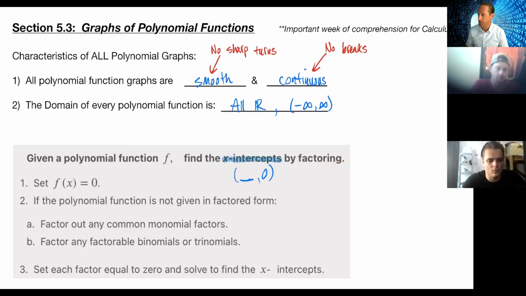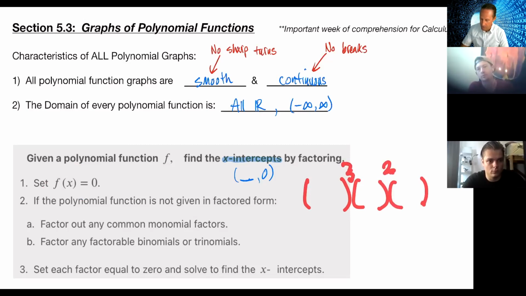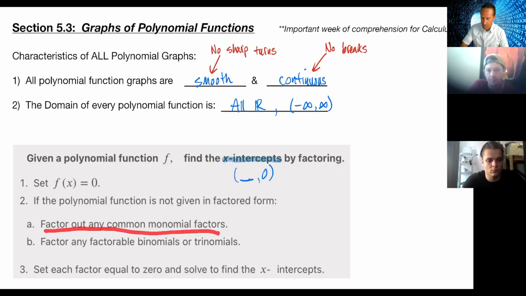That's by factoring. Okay, but to review that real quick, when we set it equal to 0, and it's not in what we call factored form already, where it's got our factors or parentheses, and some of them could be squared or cubed or whatever, then we want to factor that GCF, the greatest common factor, out.